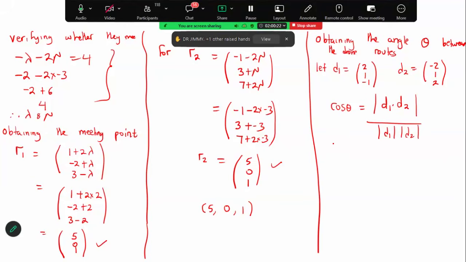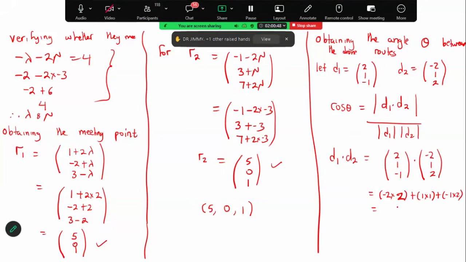Do one by one. So I'm going to first come and say D1 dot D2. What do I have? I bring my direction vectors, 2, 1, negative 1. I dot it with negative 2, 1, and 2, such that I don't have any challenge. So I say negative 2 times 2 plus 1 times 1, then plus negative 1 times 2.